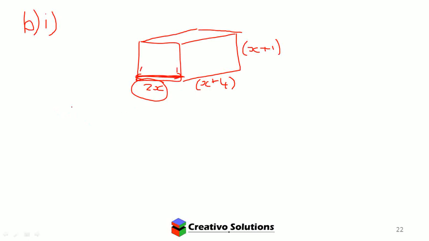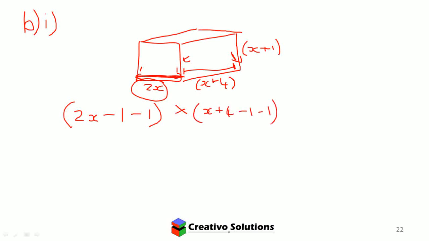So it's going to be bracket 2x minus 1 close bracket times, then on this side I'm going to have the same thing, so that length to that length, and I'm providing for 1 centimeter on that side and 1 centimeter on this side. So that would be x plus 4 minus 1 times.